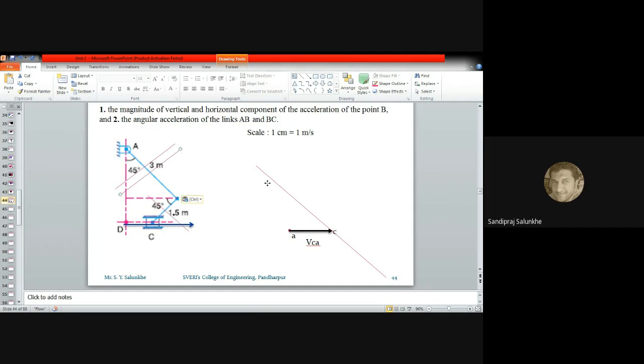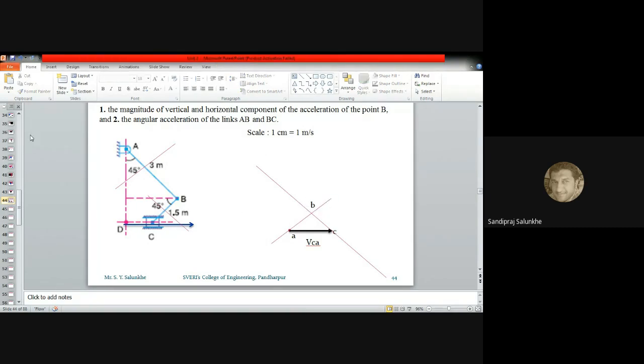A मधून मग आपण line perpendicular to AB draw केली. Okay, so wherever these two lines are going to cross with each other, that will be point B. Right.